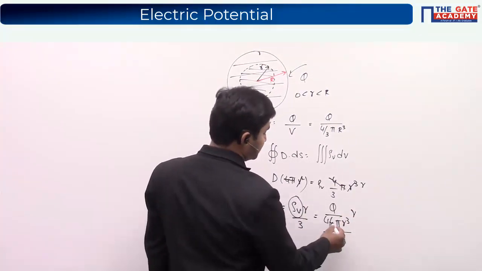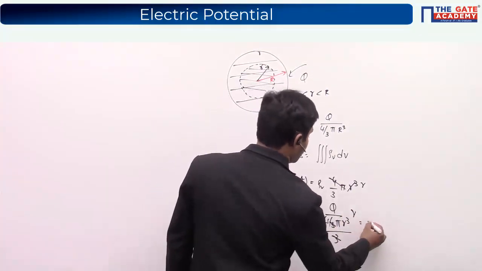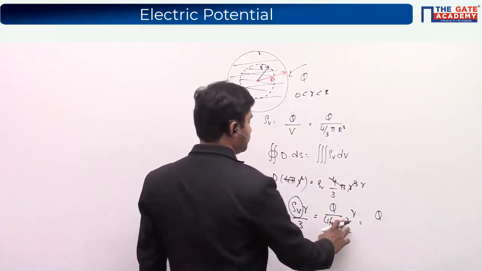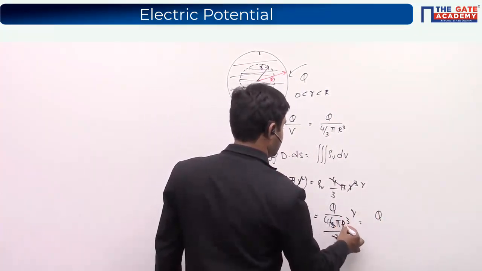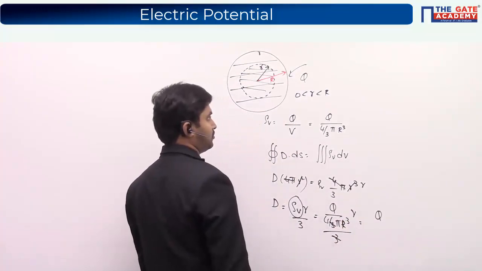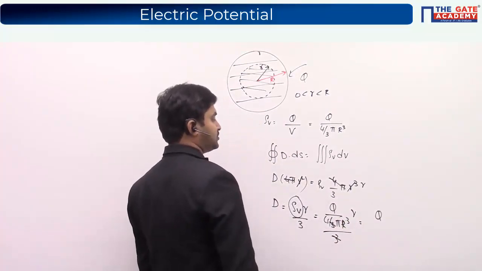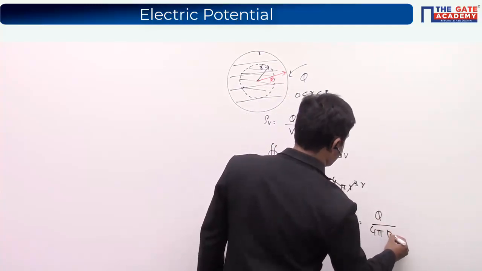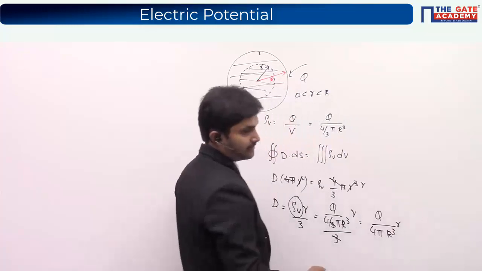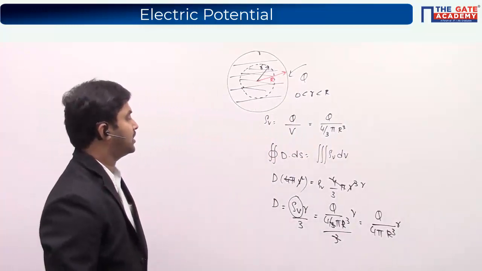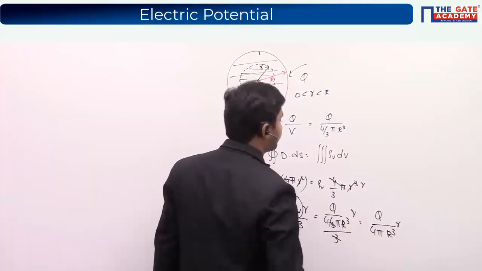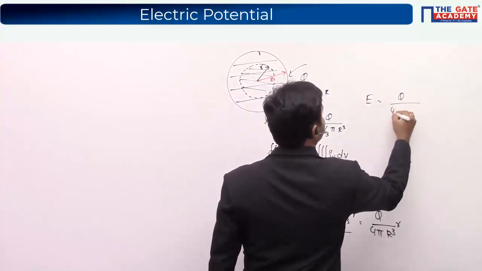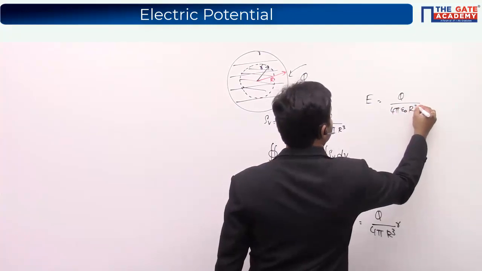The 3 present here and this one get cancelled out, and you are going to have Q divided by 4 pi R cube multiplied by r. So this is D. We have to find the electric field intensity, which is E equal to Q divided by 4 pi epsilon naught R cube into r.